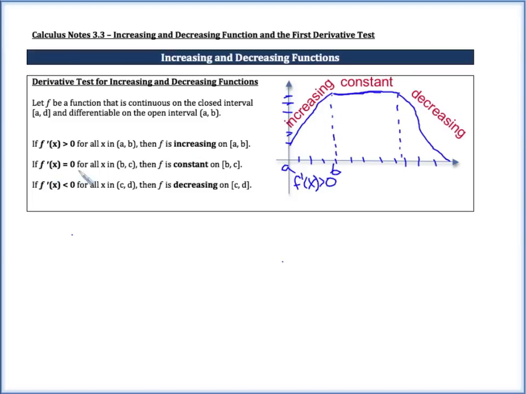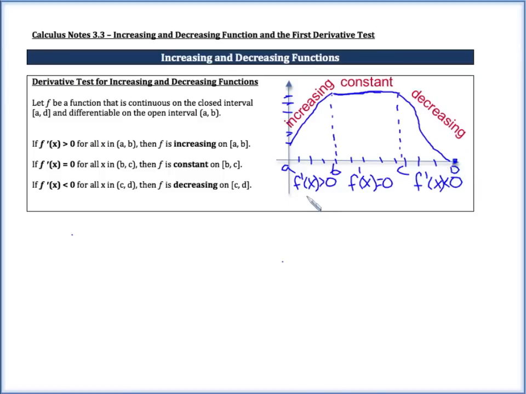If f prime of x equals 0, then we know the function is constant. So here, we're going to say f prime of x equals 0. And then if f prime of x is less than 0, then we have a decreasing function on the interval.